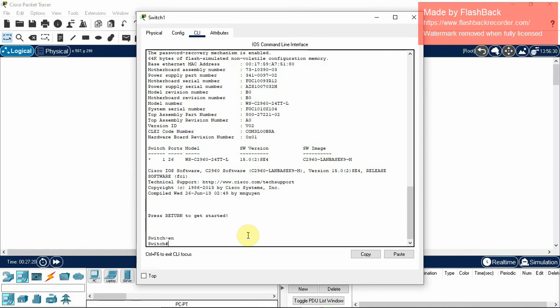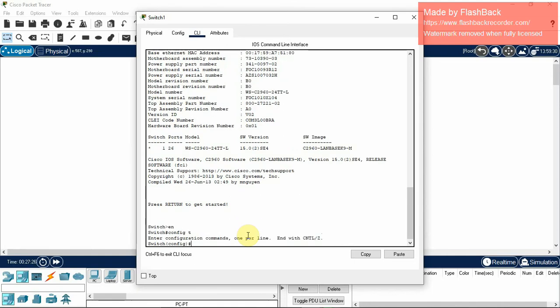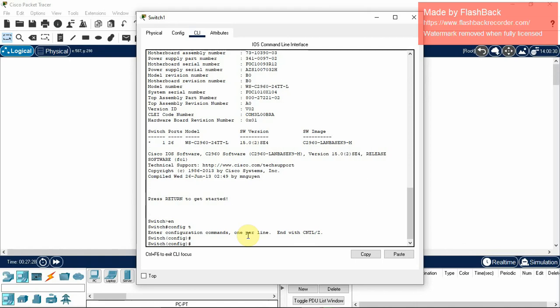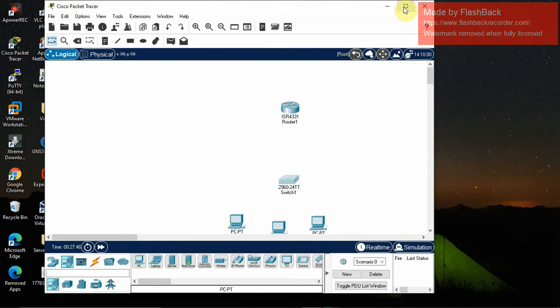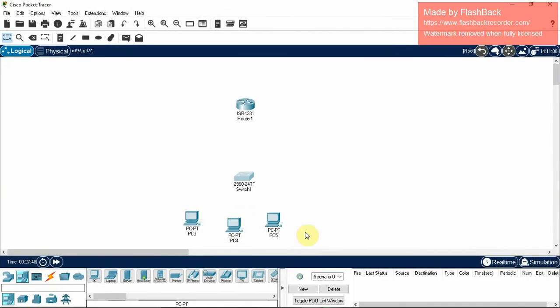So I'll go to enable mode, of course, and then I go to the global mode. From here I'm going to start by creating VLANs. So the first VLAN I'm going to create is VLAN 10, and these ones are going to represent the VLANs.